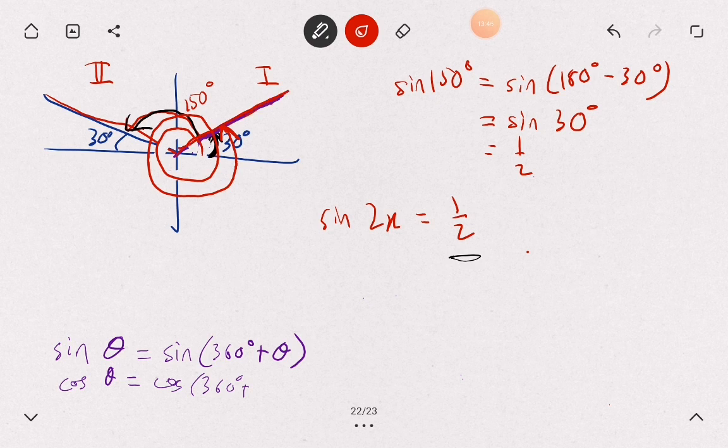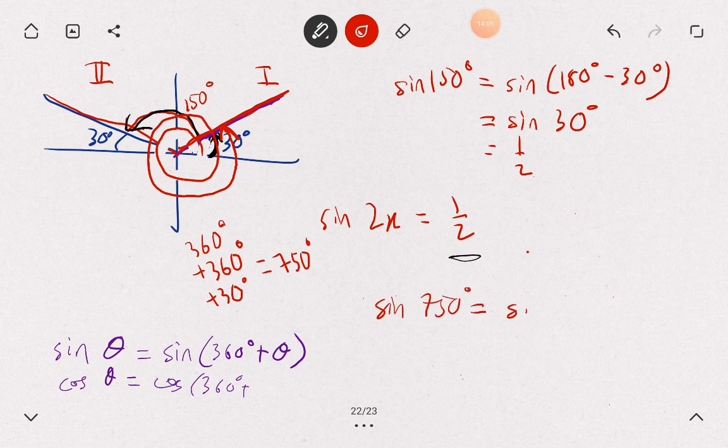So 1 round is 360, and then another round is another 360, and then I go an extra 30 degrees. So this is a total of 750 degrees. So sine of 750 is also sine of 30, which is 1 over 2.